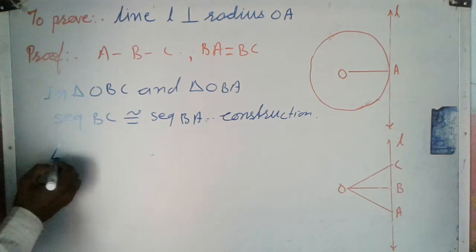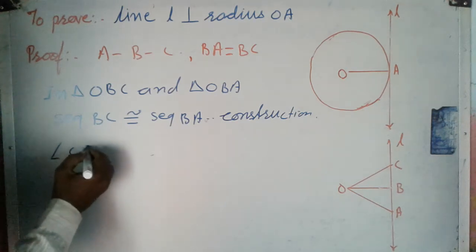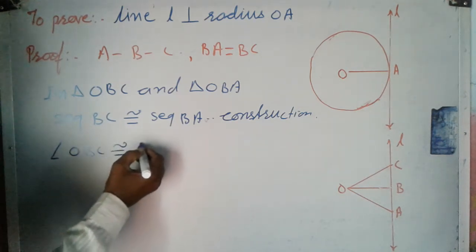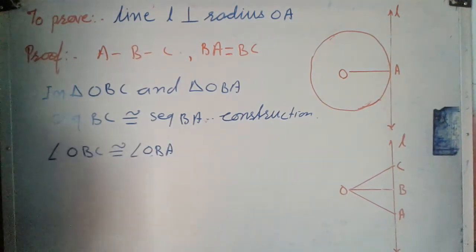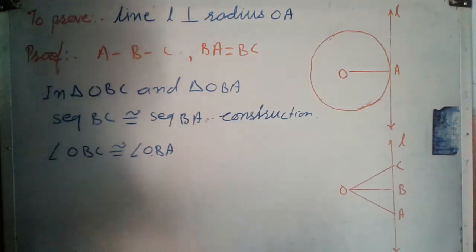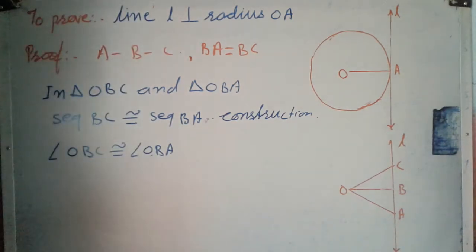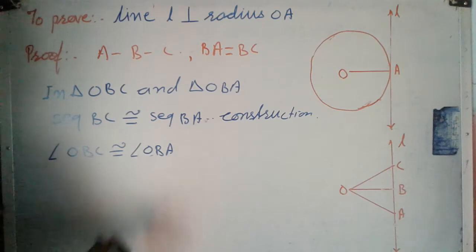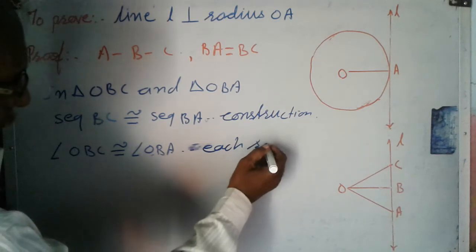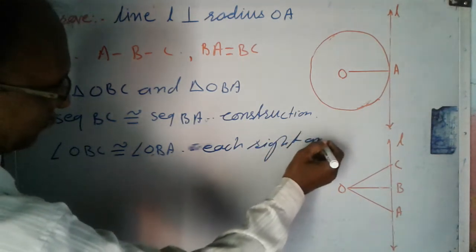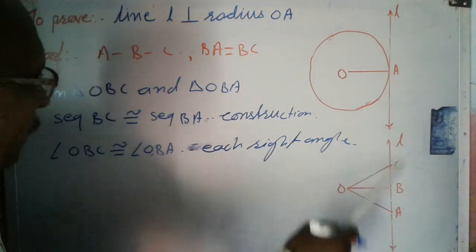Now angle OBC is congruent to angle OBA. Each is a right angle, because we have assumed that OB is perpendicular here.